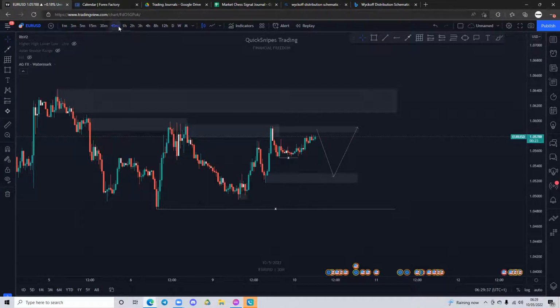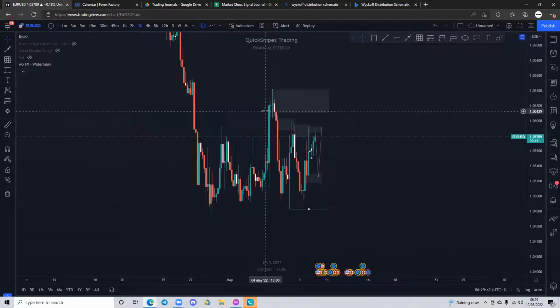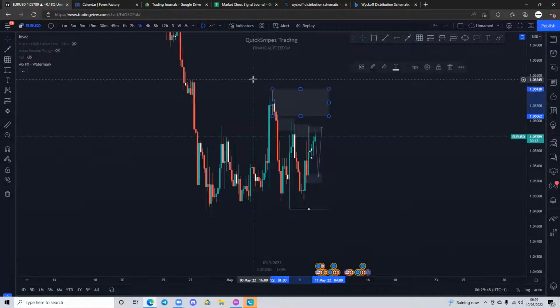I want to be very precise with this to ensure that it does get to our area. Yeah, so I'm going to put it as this. So we're looking at a fill of this.